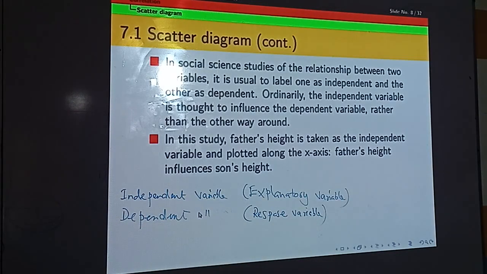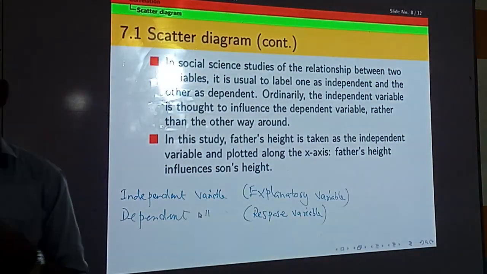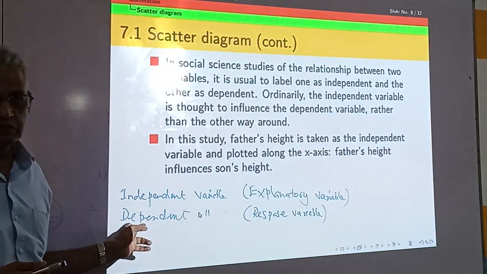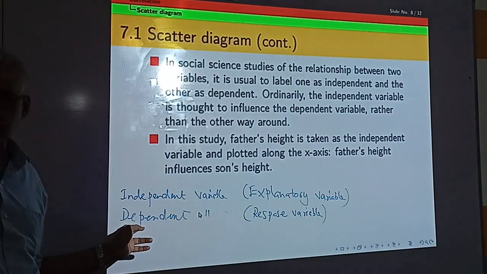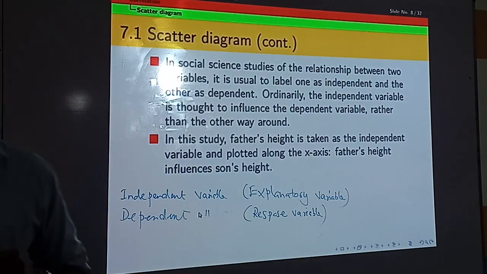If you want to predict, in that situation, these two words are important. So when you're in a situation where you want to predict one variable using the other one, the variable that you want to predict is called the dependent variable. So if you want to predict the weight using height, weight will be the dependent variable.